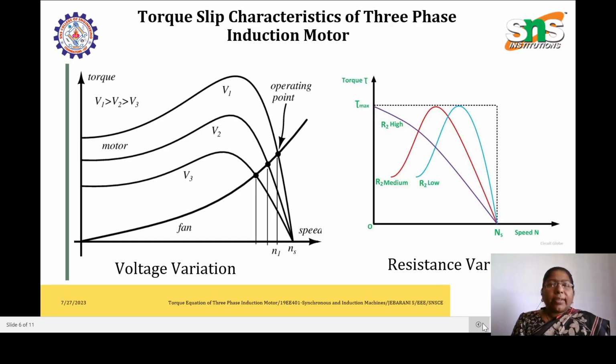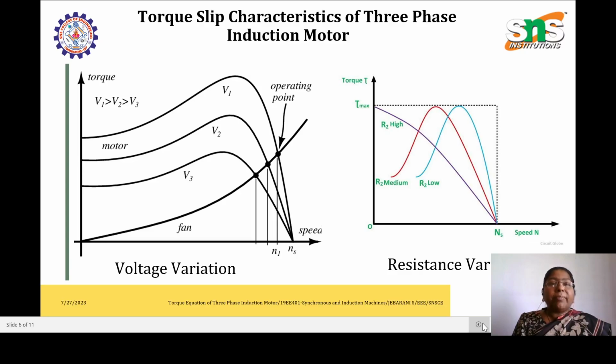When you draw the characteristic curve, normally for a DC motor we draw it as torque versus speed. Here it is torque versus slip. We can draw it as two different curves. The first one shows the impact of voltage variation. In our torque equation, we have learned that T is proportional to S into E2 square.